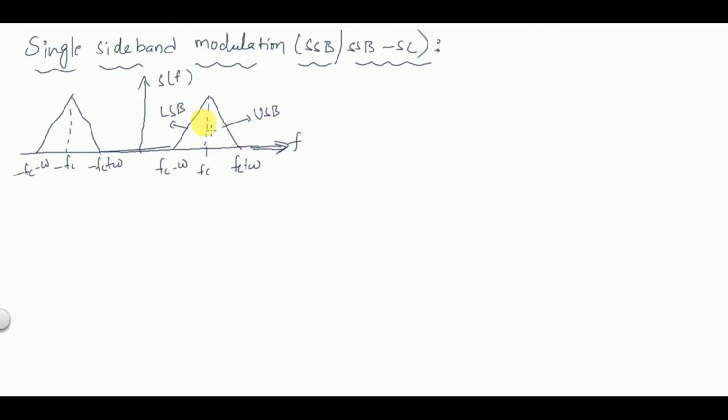Both the sidebands are replicas of each other about the carrier frequency Fc.